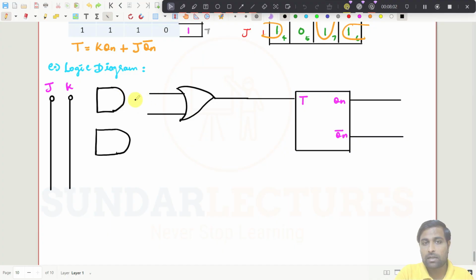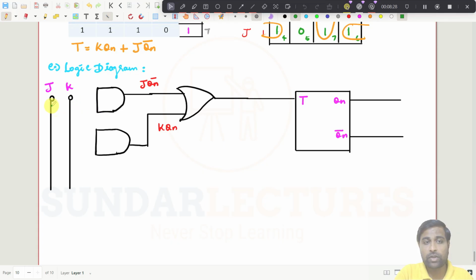This is connected here, and this should be connected here. The idea is, this should be J Qn bar, and this should be K Qn. So how will you connect this now?